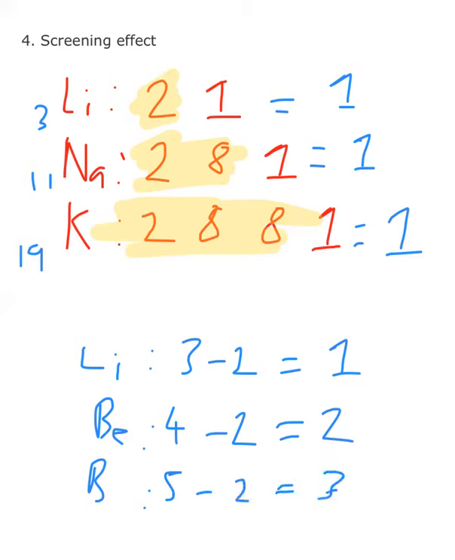Now in the period, the number of screening electrons remains the same while the number of protons is increasing. So the nuclear charge is increasing, which is why the attraction of the nucleus to the outer electron increases and the valence shell is pulled closer and it becomes more difficult to remove the electrons.